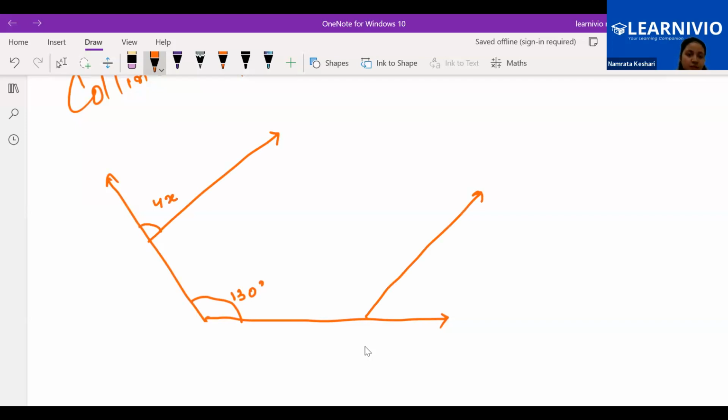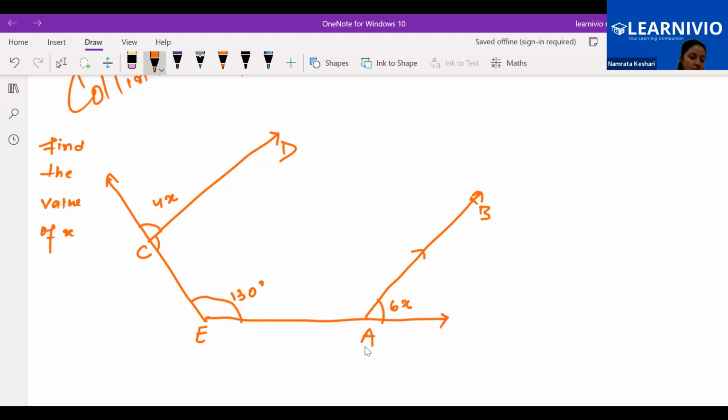This is 4x. This is 6x. So the question says, find the value of x.